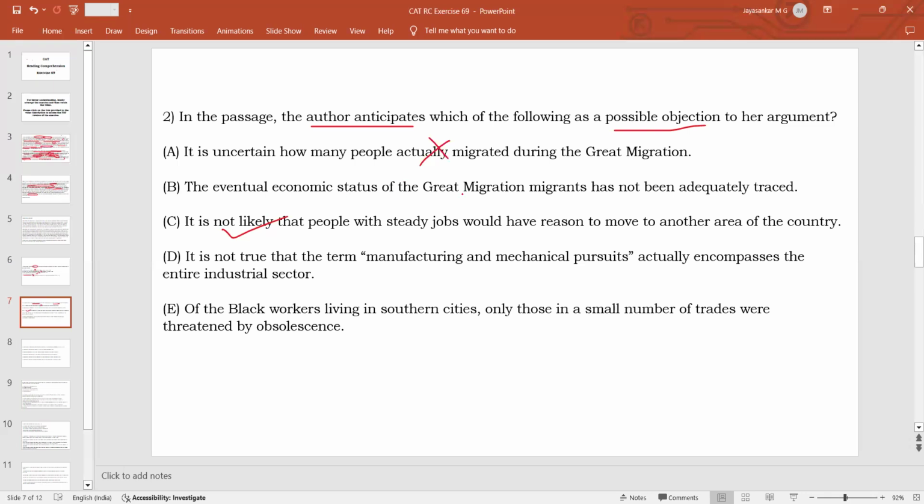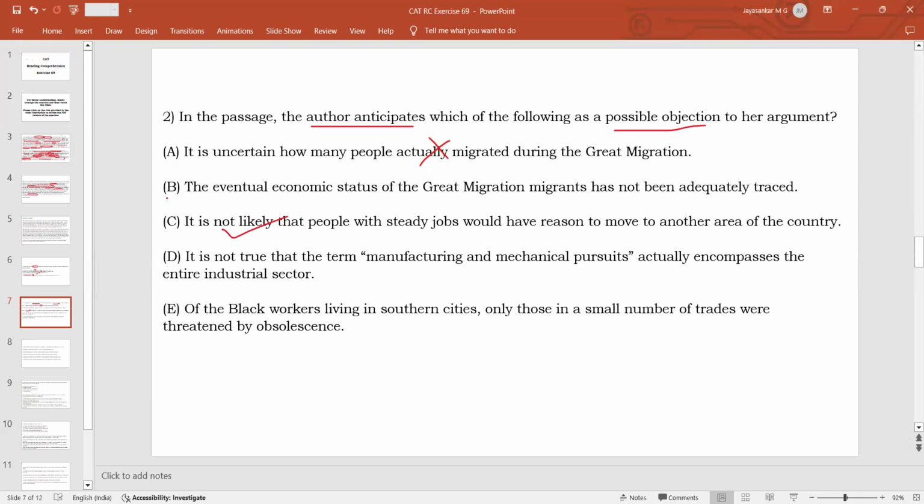Option B: the eventual economic status of the Great Migration migrants has not been adequately traced. Again, if the argument is that a lot of people who migrated from the south to the north have economically succeeded, then she might have addressed that argument, or found some points to show that most of the black workers who migrated did not succeed economically.